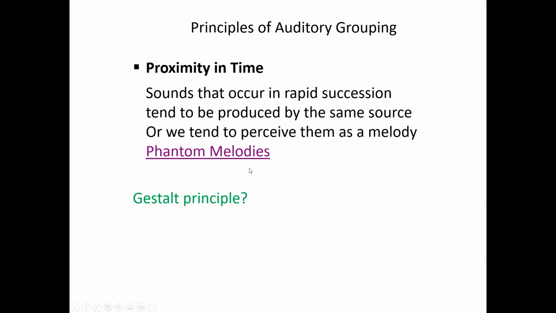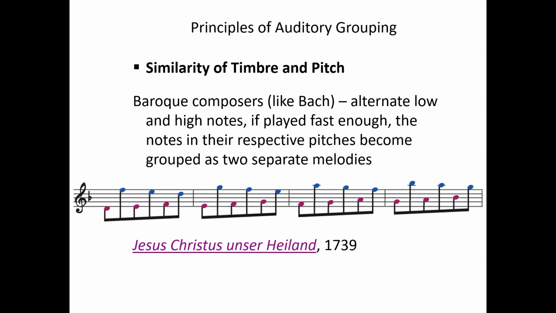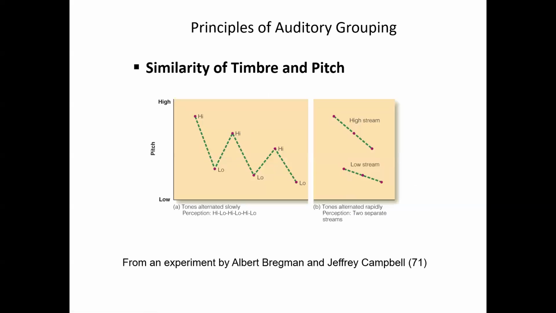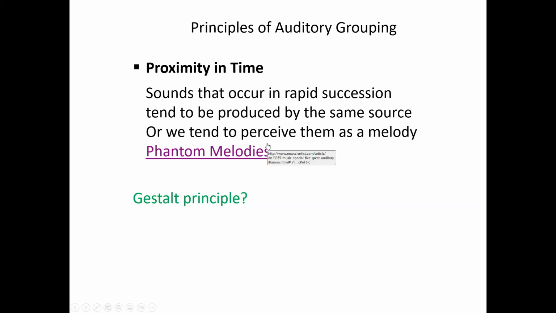I hope that makes sense. If I can go back, can I go back easily? So this whole idea is that if it's played fast enough, there is a bit of repeat here, that it's changing because of the speed. But now we're talking about proximity in time as something else, even though it's related to similarity.